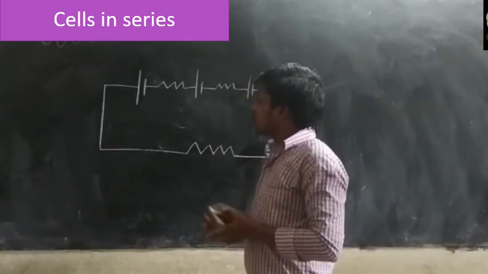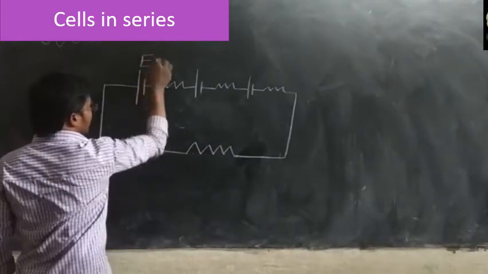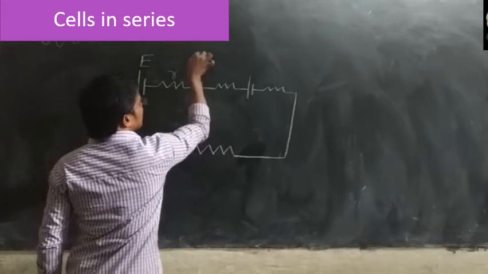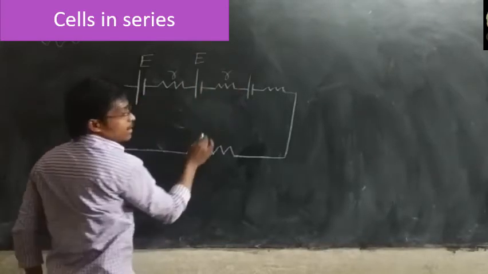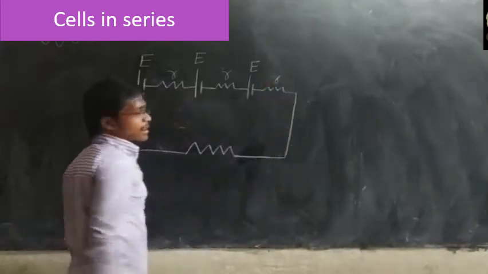The first cell has EMF E and internal resistance r. The second cell also has EMF E and internal resistance r. The third cell has EMF E and internal resistance r.